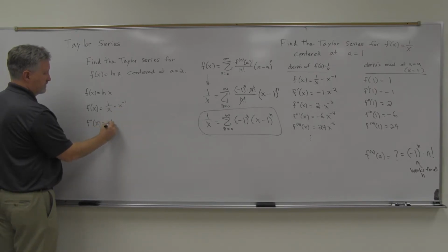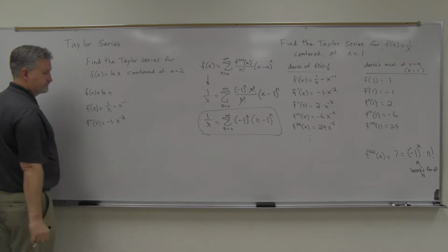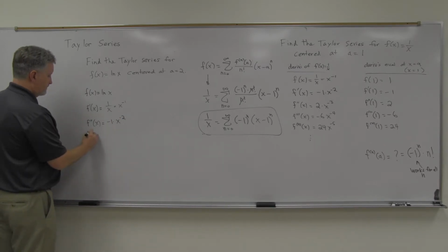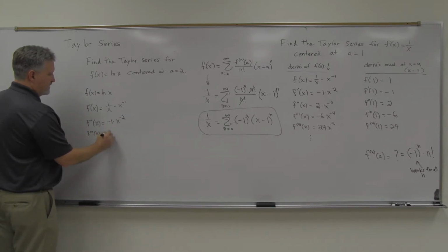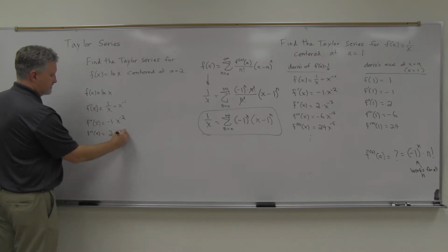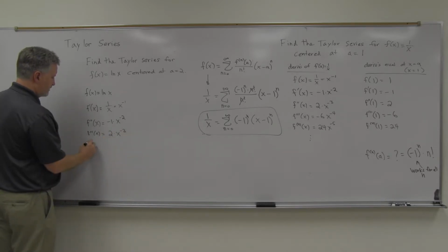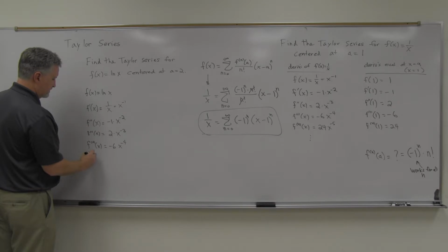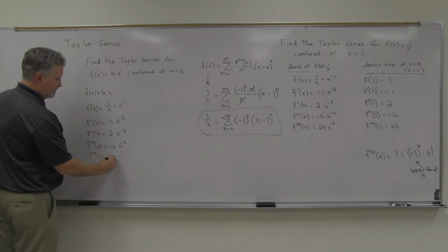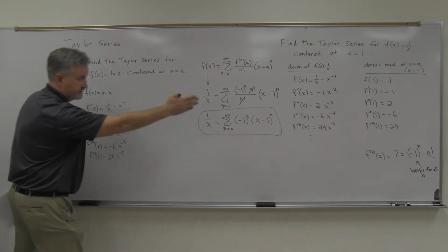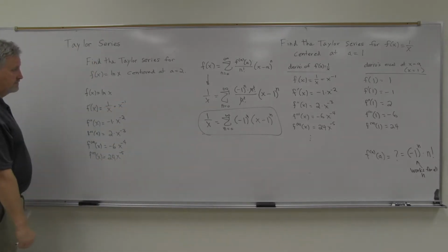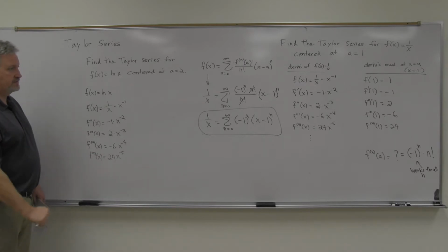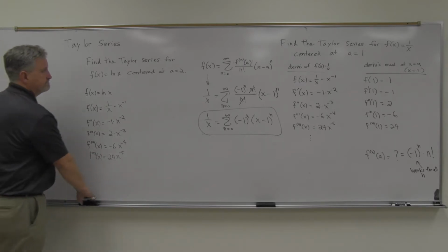It's just negative 1 times x to the minus 2. And then the third derivative, this is looking familiar, isn't it? Positive 2 times x to the minus 3. And then the fourth derivative at x would be negative 6 x to the minus 4. And I think you see what's going on here. Fifth derivative would be positive 24 x to the minus 5, a lot like our other list now, but some slight variation.